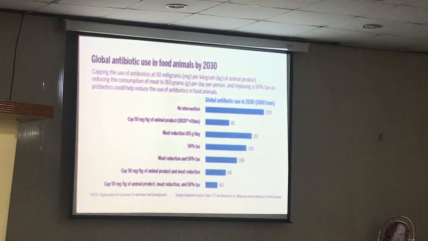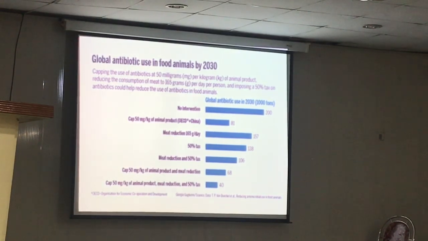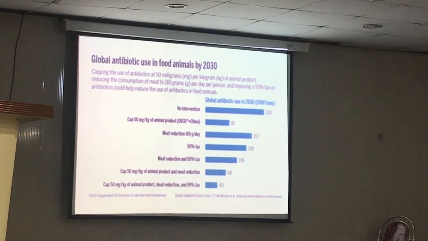Now, people have tried to see, in terms of global antibiotic use, what are the different interventions which can actually decrease the antibiotic usage in animals. So first, let's say, if you do not do any intervention, your antibiotic use is 200, let's say.